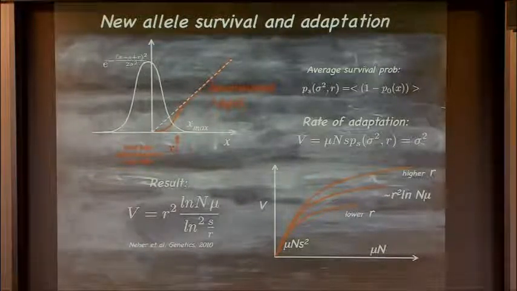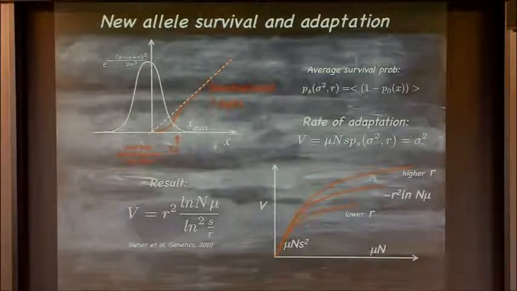But the prefactor of that logarithm does increase with the frequency of recombination. And in fact, what one sees is this benefit of sex manifests itself in greater rate of adaptation for higher frequency of recombination, right? Even though still a lot of mutations are wasted.